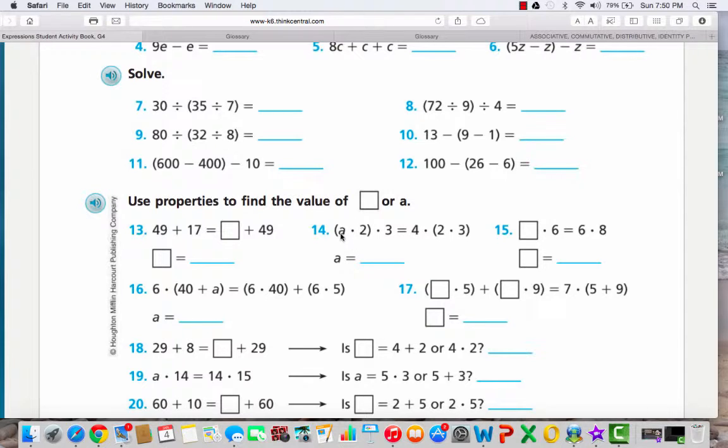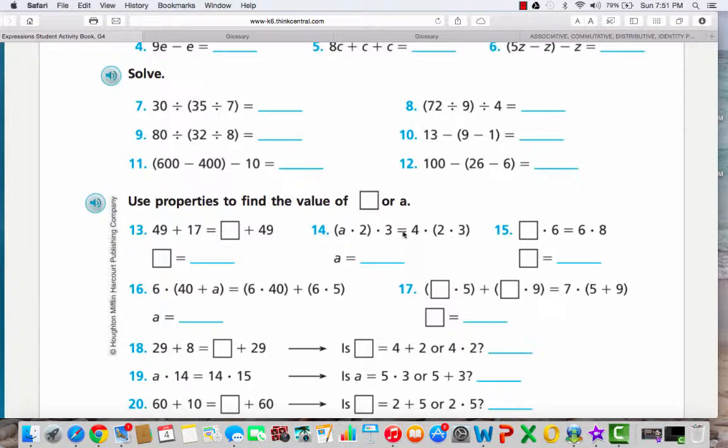So take a look at number 14. We have in parentheses A times 2 times 3. This equal sign means whatever is on the left-hand side of the equal sign should be the same as the right-hand side. So looking at the digits alone, if you have a 2 on this side and a 2 on this side, a 3 on this side and a 3 on this side, you should be able to think that this A should represent whatever digit is missing on this side, the only digit that's left over.